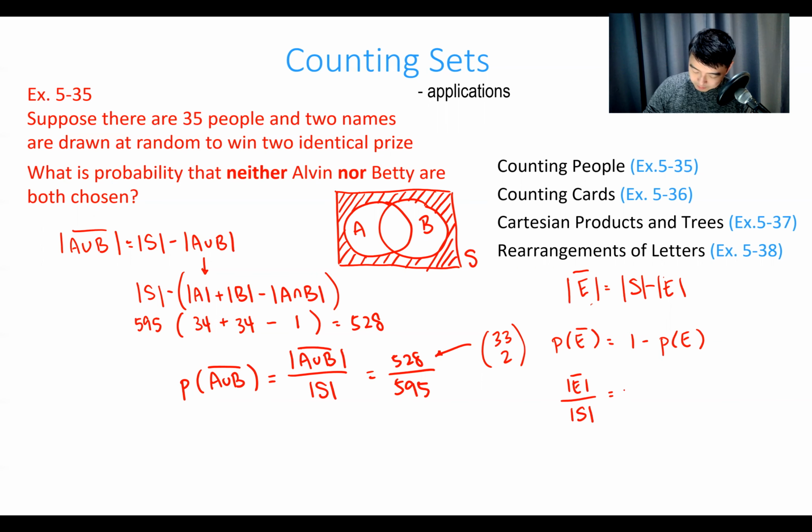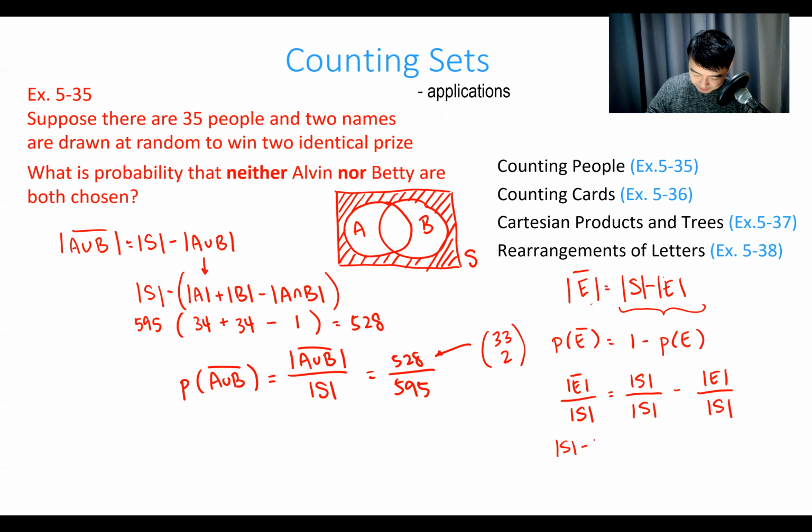And 1, we can write as size of S over size of S, minus the probability that event E happens, which is the size of E over the size of S. Now, if you take a look at our equation up here, for the size of the complement of E, we can plug in S minus E for this part.